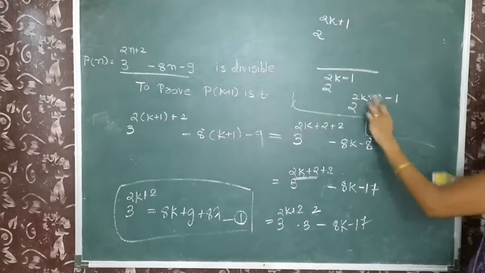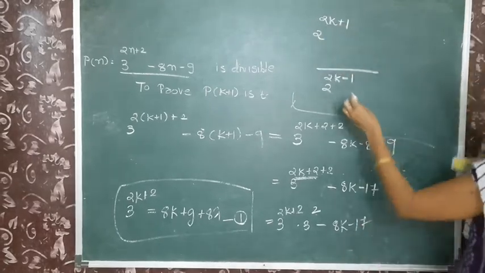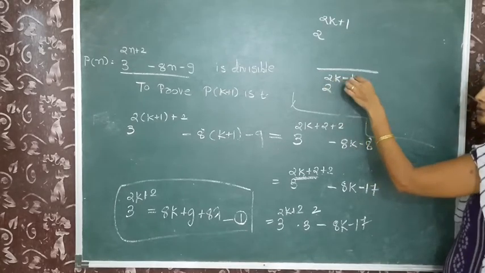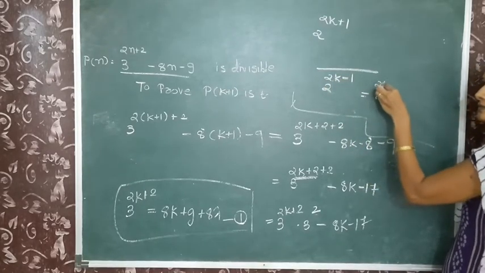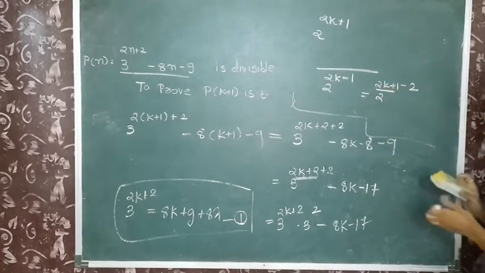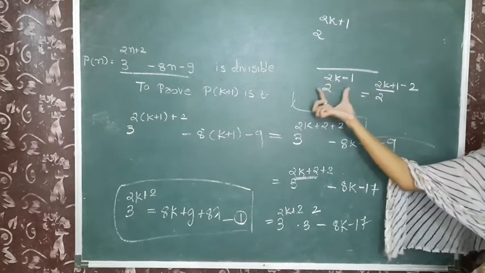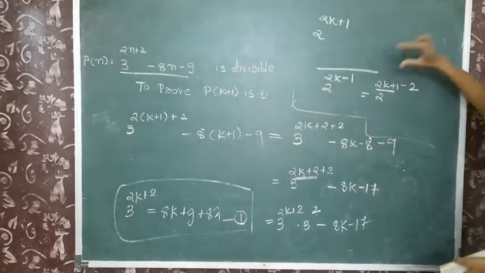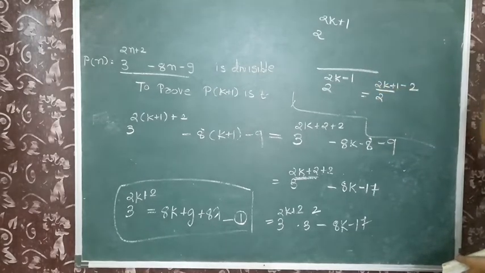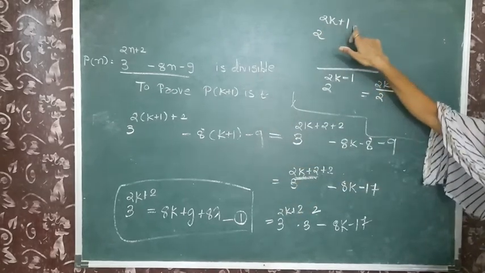And here we have value of 2 raised to 2k plus 1, and we have steps 2k minus 1, so we can split 2k minus 1 like this. Okay, so 2k plus 1, and plus 1 minus 2 is minus 1. These two terms are same, but why did we split minus 1 as plus 1 minus 2? Because in result 1 we have value of 2 raised to 2k plus 1.